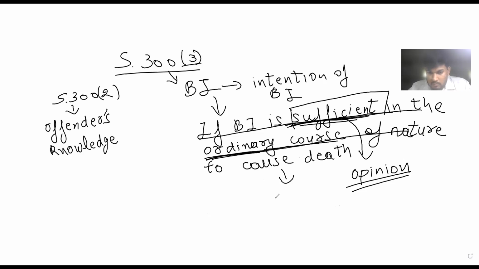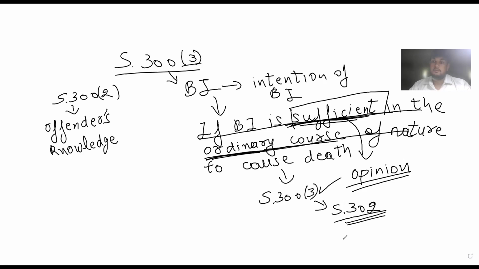So, if sufficient, then section 303 proves culpability under section 302. Got it? Which is death or imprisonment for life plus fine. Got it?